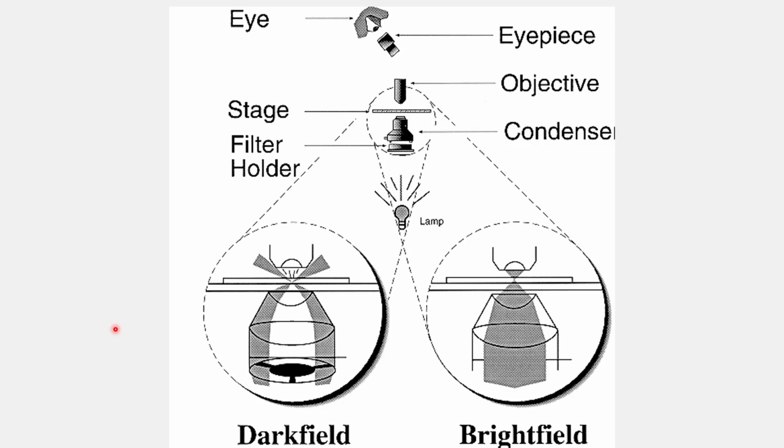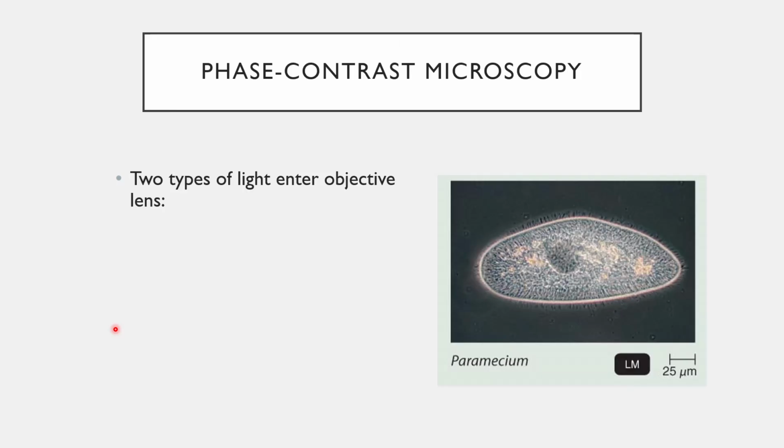Next, we have phase contrast microscopy. In phase contrast microscopy, two types of light end up entering the objective lens. There's the light directly coming from the illuminator, and then there's light that is transmitted through the specimen.